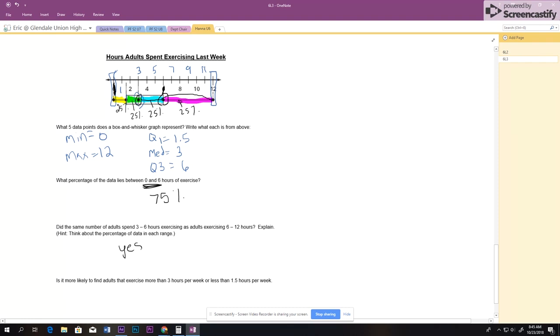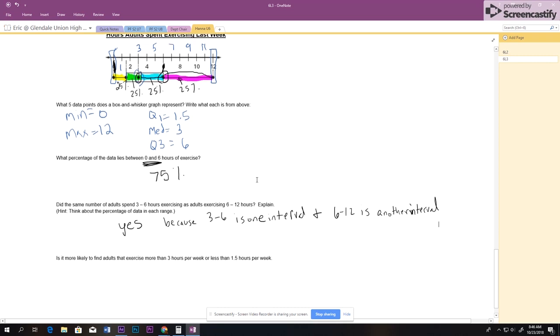So yes, because 3 to 6 is 1 interval in the box and whisker, and 6 to 12 is another interval. So this is the quartile 3, and this is the box, and this is the whisker part. So each of those is 25%.